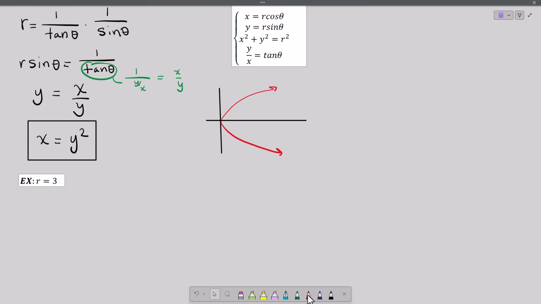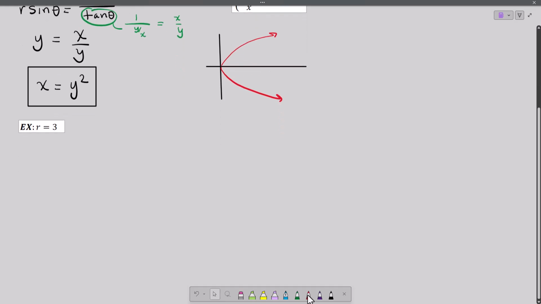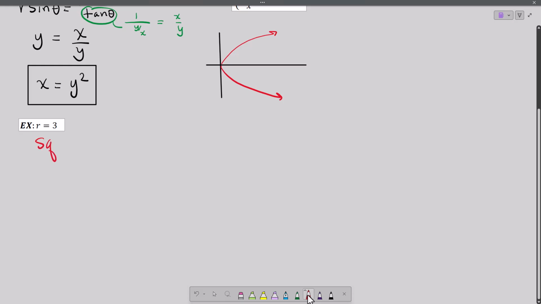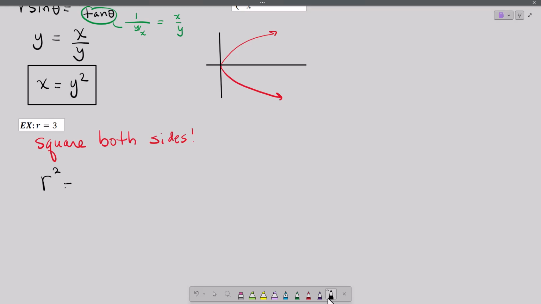But if we multiply the right side by r, we have 3r. We don't have any single r's up here, right? They're all attached to sine or cosine. So that's not going to work, just multiplying by r. But we can do something very similar. If we square both sides, notice what happens. This will give us r squared equals 9.